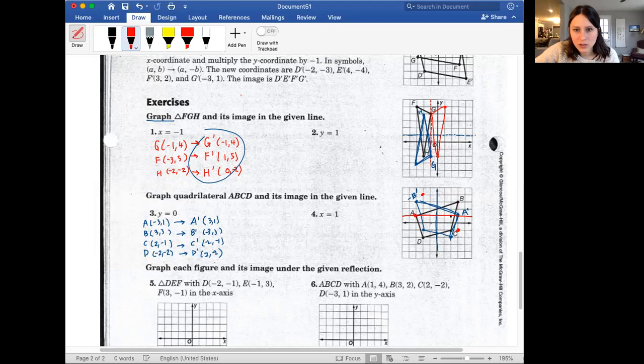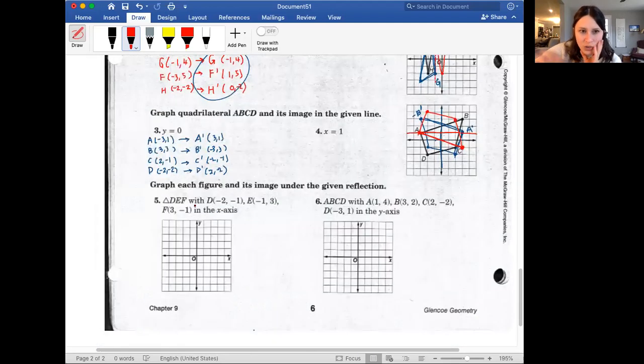C is 1, 2 away. So I'm going to draw my points, and when I connect them, I will see the reflected image. I know it looks kind of messy, but think of your red image reflected in comparison to your black image.